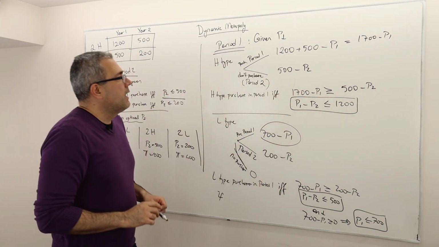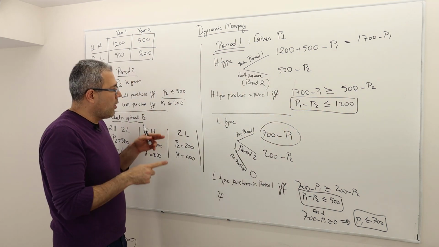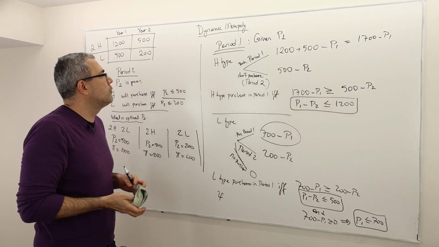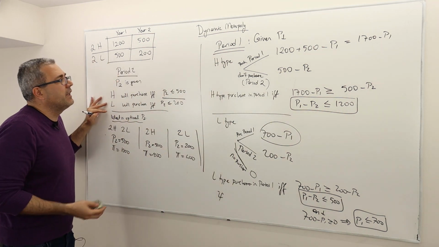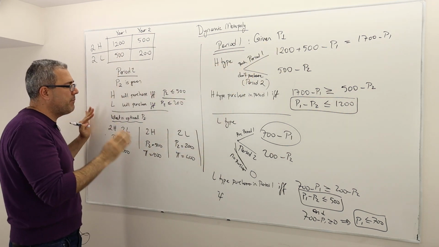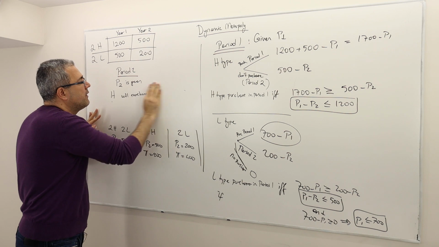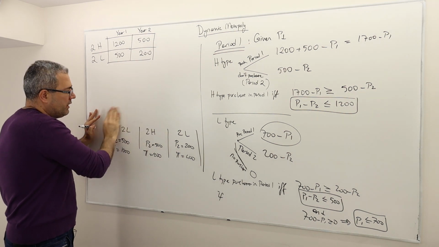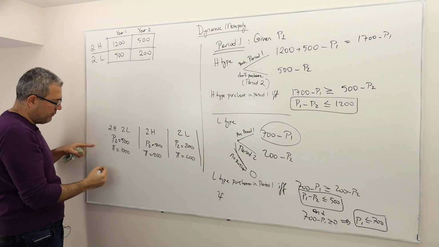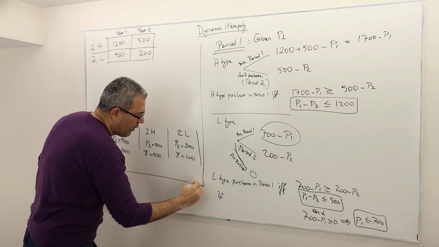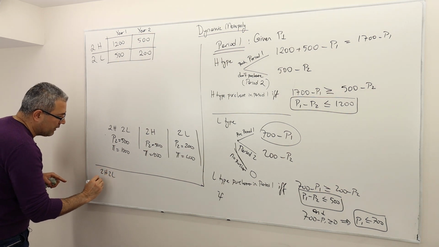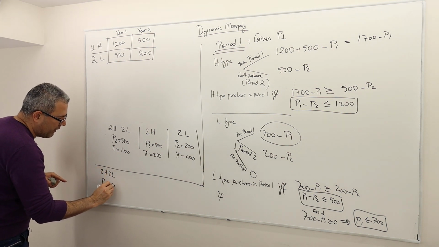So now I'm going to go to the initial decision node where firm 1, in period 1, chooses P1. What P1 maximizes the profit? I am going to erase this, but keep this because those subgame optimal strategies are important. If it is 2H, 2L, P2 is going to be 500.